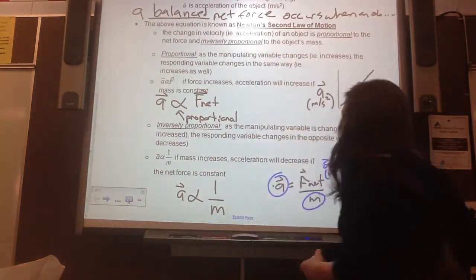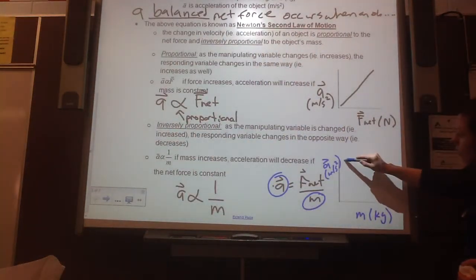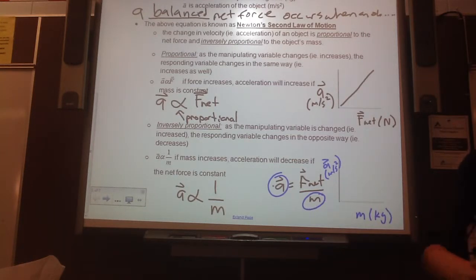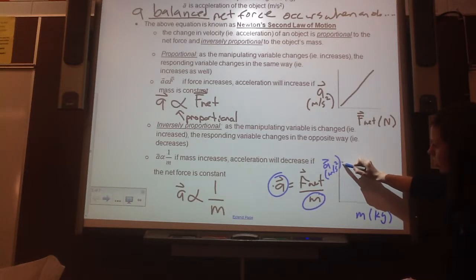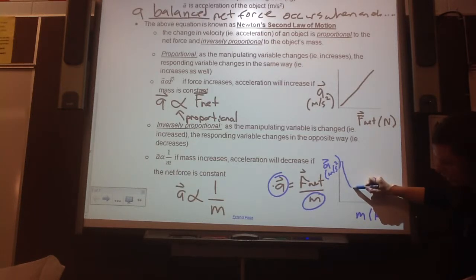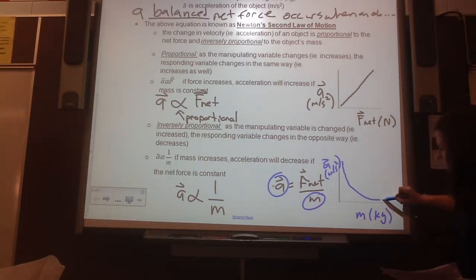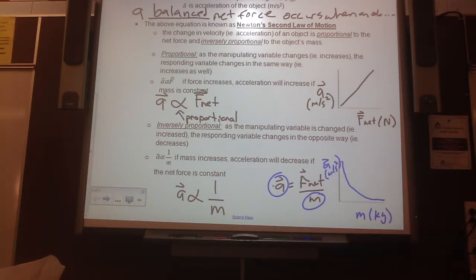So that's why if we see low mass, I would have a high acceleration. As I increase in mass, my acceleration will get lower and lower until it will level out.